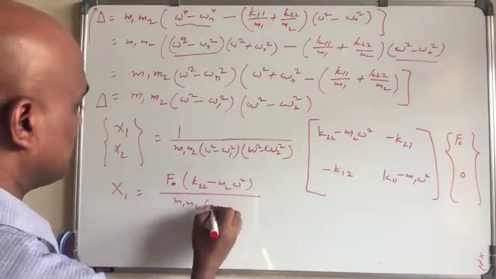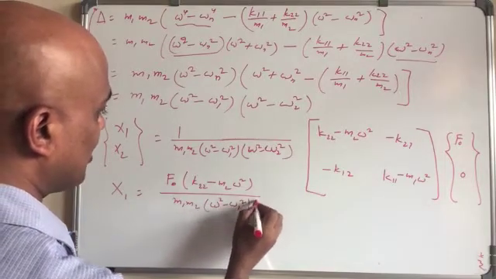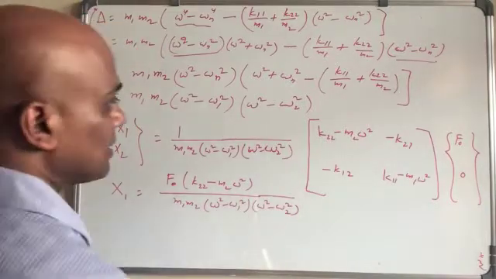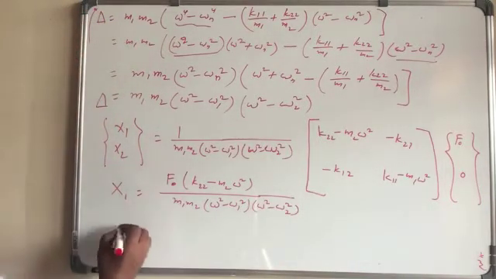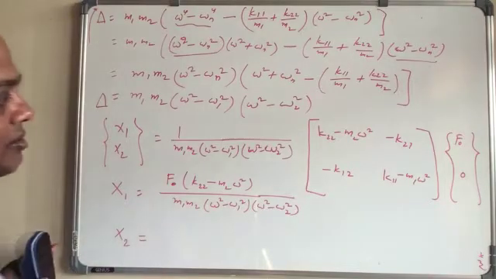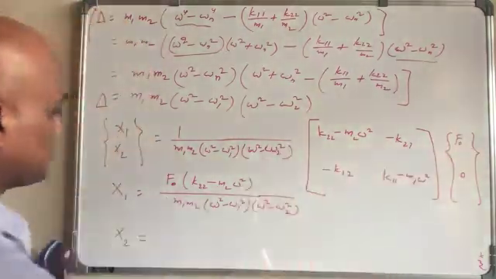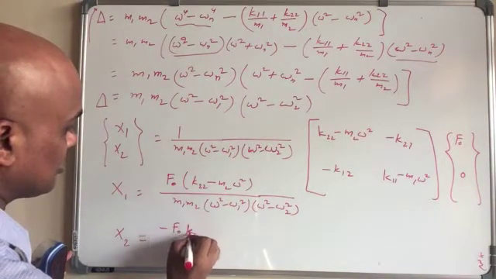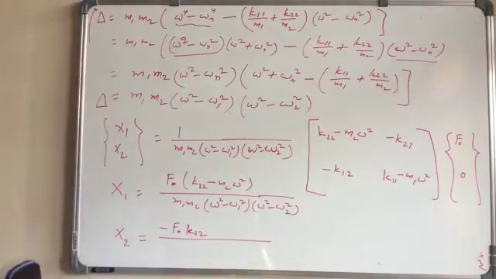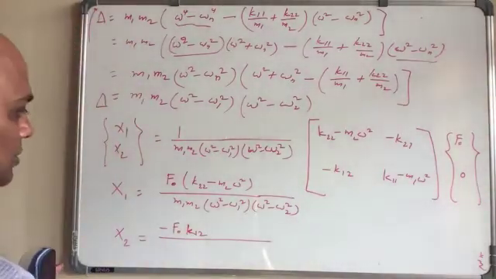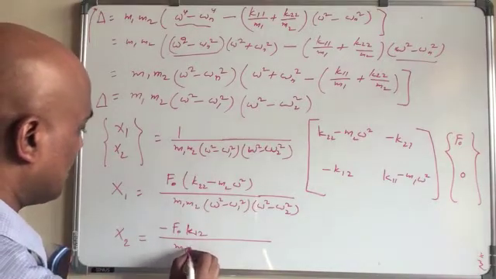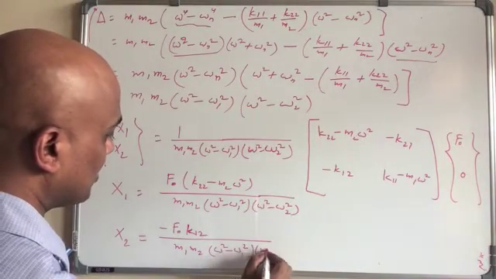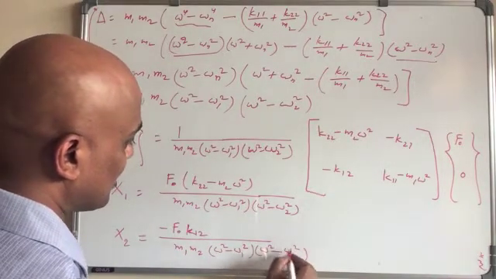m1 m2 times omega square minus omega 1 square times omega square minus omega 2 square, and x2 will be equal to, so f0 here becomes minus f naught k12 divided by, okay, and the same value here, m1 m2 multiplied by omega square minus omega 1 square multiplied by omega square minus omega 2 square.